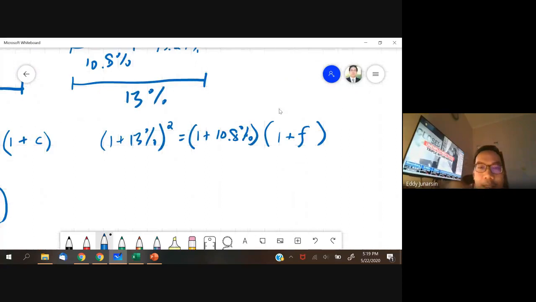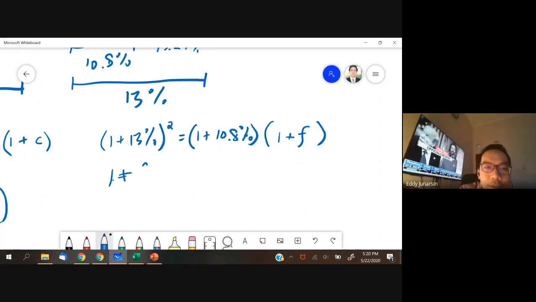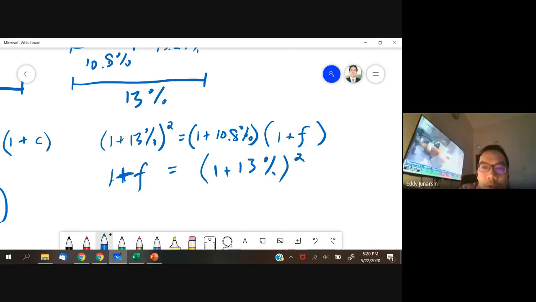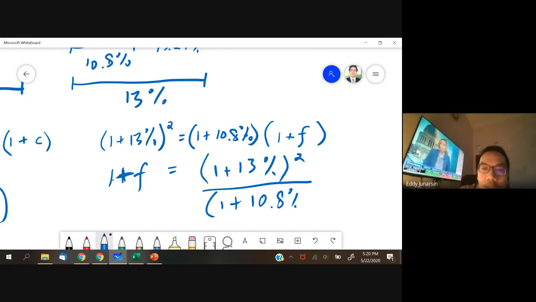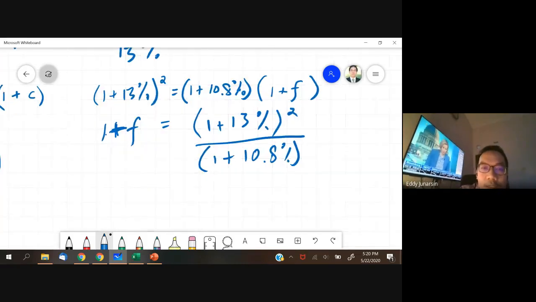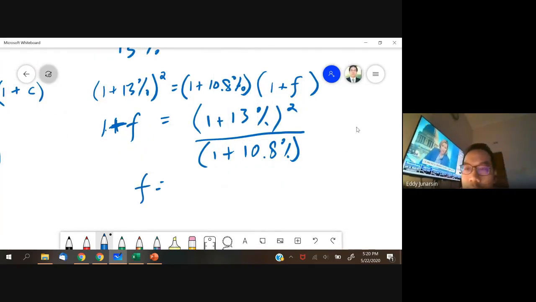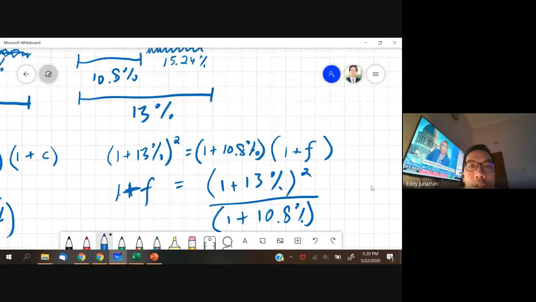Do you find the same thing? 1 plus f should equal 1 plus 13 to the power of 2 plus 10.8. And then we get the f is, what's that again? 1524.